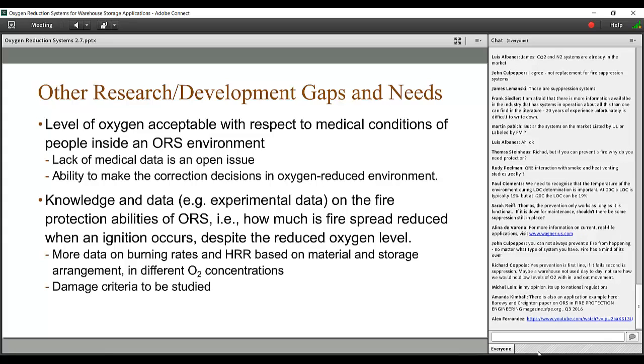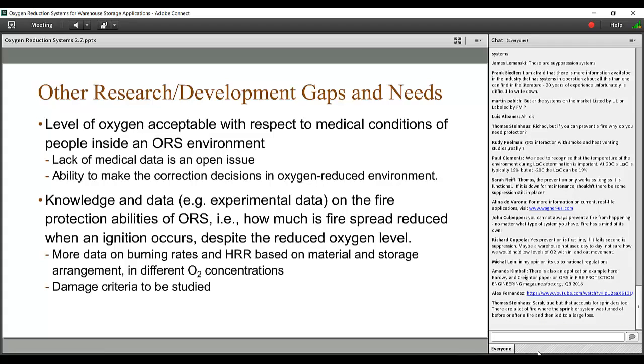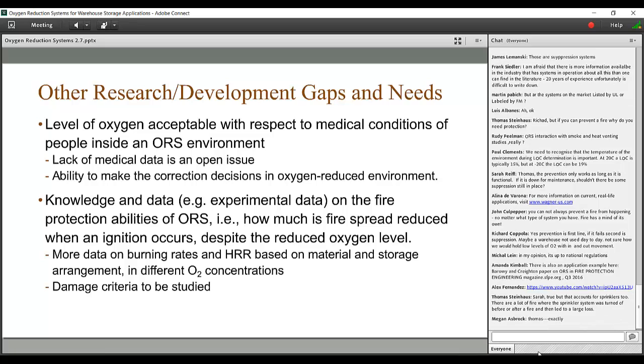So we also said that we have focused a lot on, let's say, the fire prevention part, but if we look more to the fire protection part, if we anyhow have a fire, what will happen with the spread? How well will it be reduced or not? And that is depending again on the oxygen level. We need to know much more data on burning rates and heat release based on material and storage arrangement in these different oxygen concentrations, so that if we really have a fire, we know what happens.